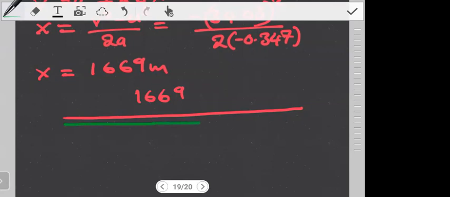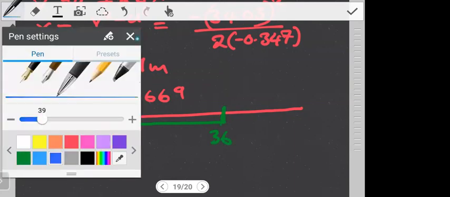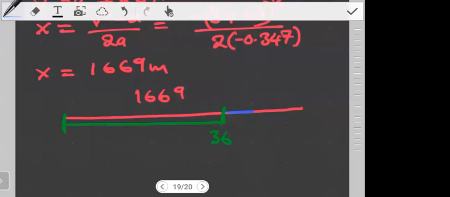So in the first part, it covers 1 kilometer from here up to here. It does this in 36 seconds. Our question was to determine the further distance it covers for it to come to rest. So we were looking for this extra distance all along. Notice that to get this extra distance, all we have to do is from the total, from the 1,669, subtract that initial 1 kilometer.